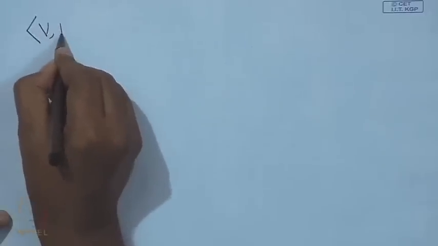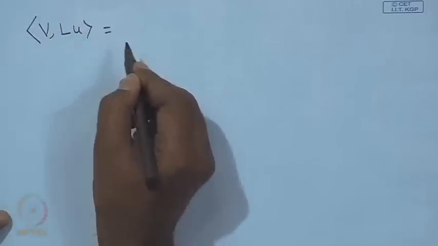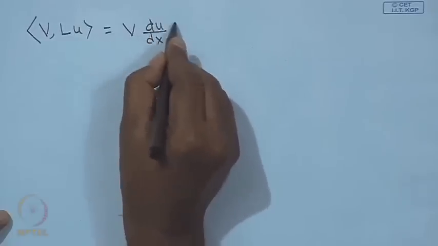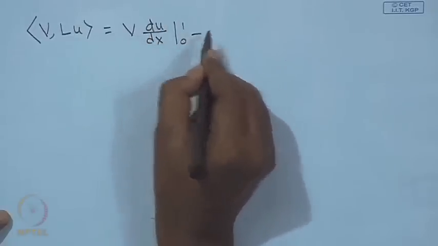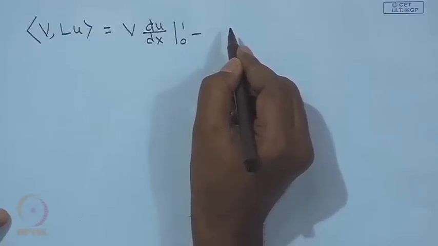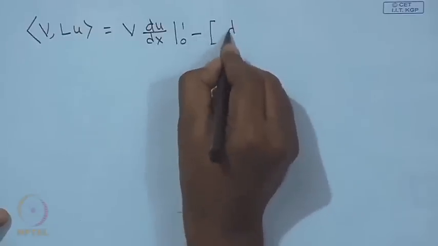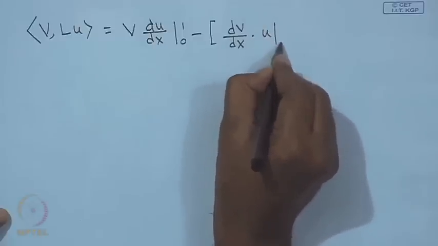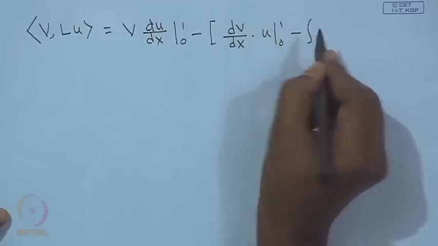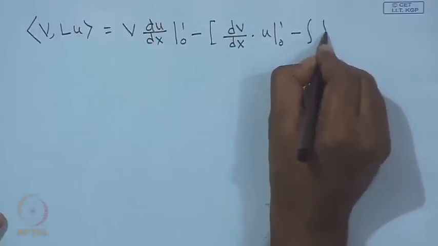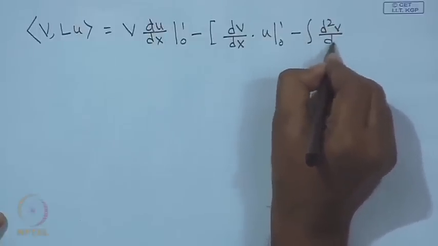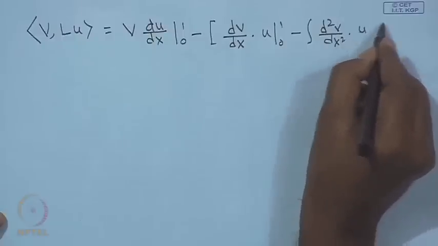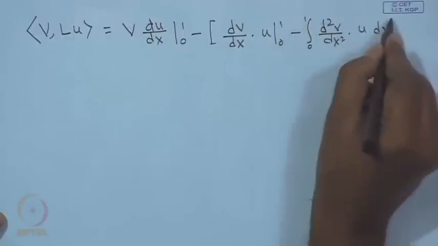So, the inner product of v comma L u will be nothing but v du dx from 0 to 1 minus, we take dv dx as the first function, so dv dx times integration of the second function, which is u, from 0 to 1, minus differential of the first function, d square v dx square, multiplied by integration of the first function, that is u dx, 0 to 1.